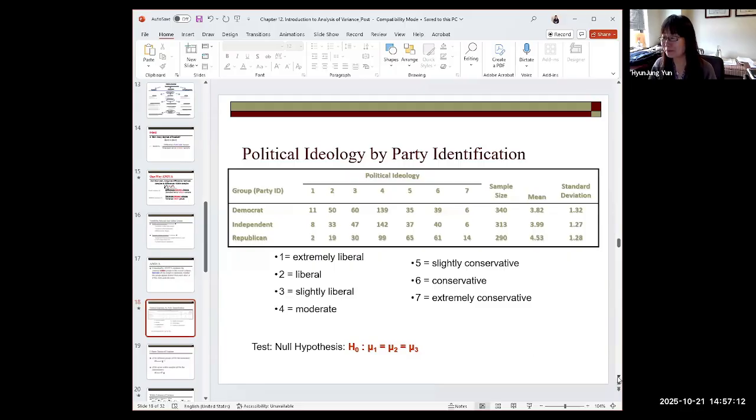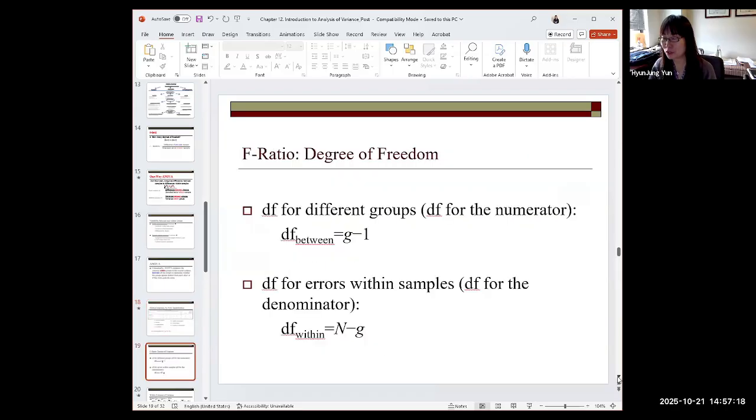We want to disprove that, so we can prove our alternative hypothesis: that American voters of different party affiliations all have different ideologies. That's what we want to prove.